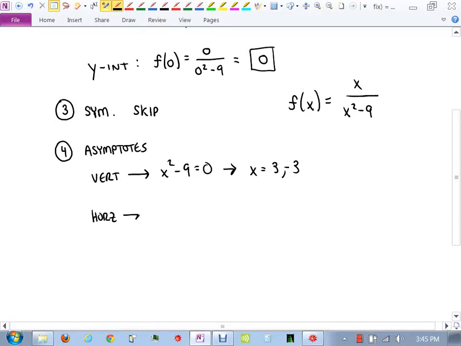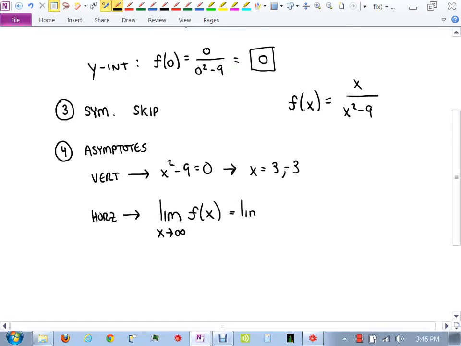How about horizontal asymptotes? Anybody remember how to find the horizontal asymptote of a function? What does it mean, horizontal asymptote? Isn't it what's happening as you go out the sides? We're asking ourselves, what is the function doing as you go out to the sides forever? Exactly. What is the limit as x goes to infinity of the function? Tell me what's happening in the function as I let x go out forever to the right.